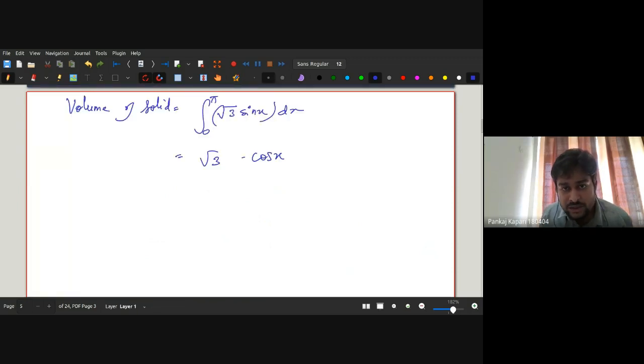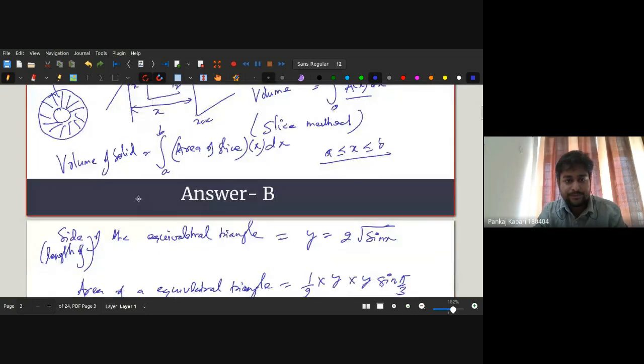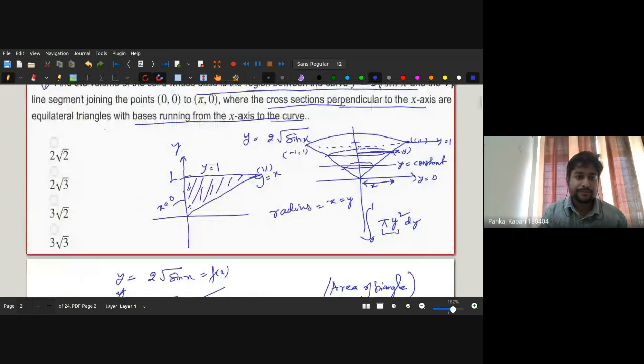It is cos x with a negative sign, and we have to put upper and lower limits. So root 3 times, when you put cos pi, you get minus 1, so it will become plus 1. And then minus minus plus, again a plus 1, right? That means it is 2 root 3. So that's how we find the volume.